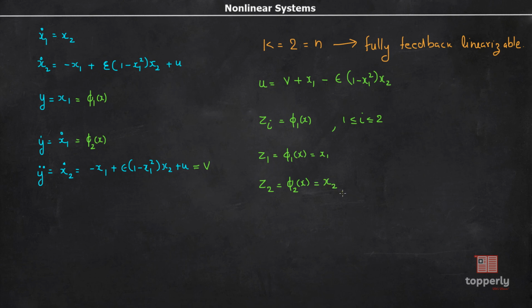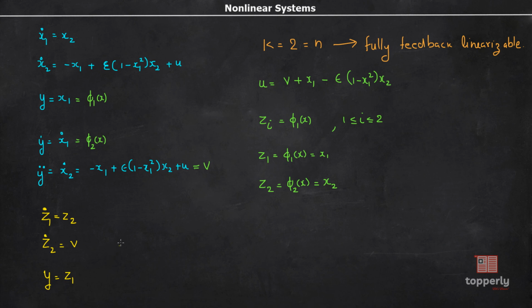In the new coordinates, the system appears as z1 dot is equal to z2 and z2 dot is equal to x2 dot, which is v, and y is equal to phi1 of x, which is z1.